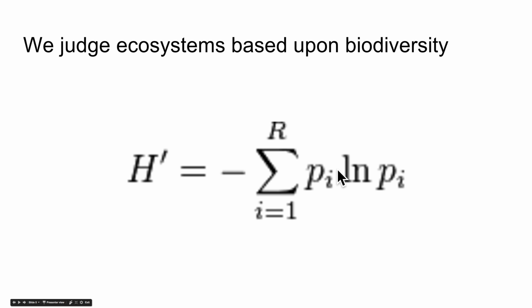So the proportion of species A would be 0.25. And I'd multiply that by the natural log of that proportion. So the natural log of 0.25 is going to get me some type of negative number. So I multiply these two, and I'm going to get some negative number in there. I add all of those negative numbers up. I'm going to take the negative of it. Hooray, I have my index.